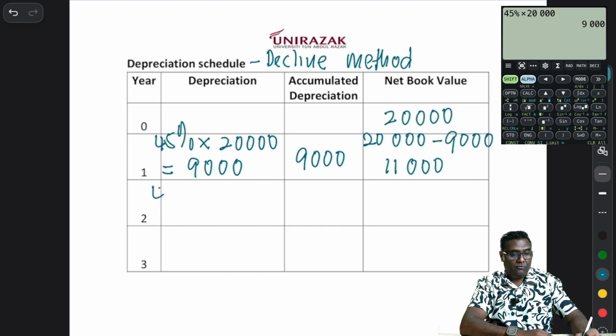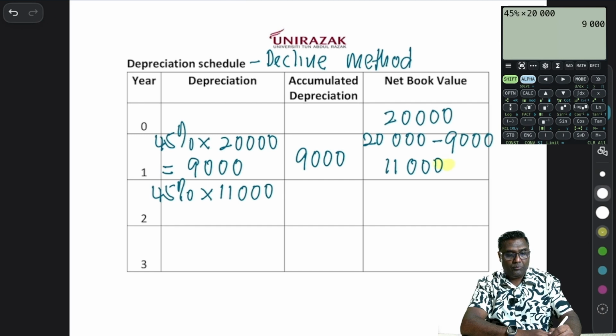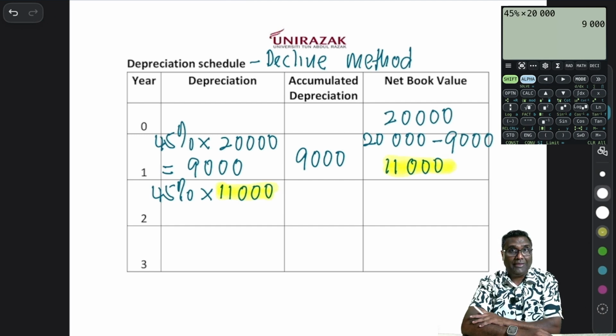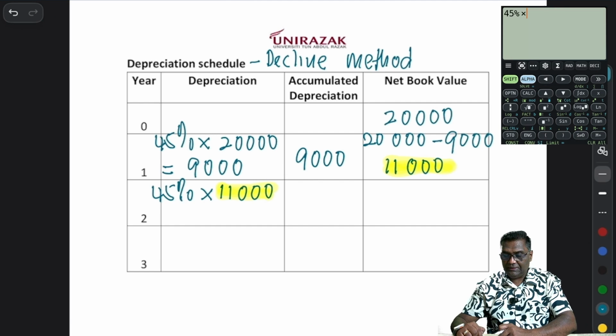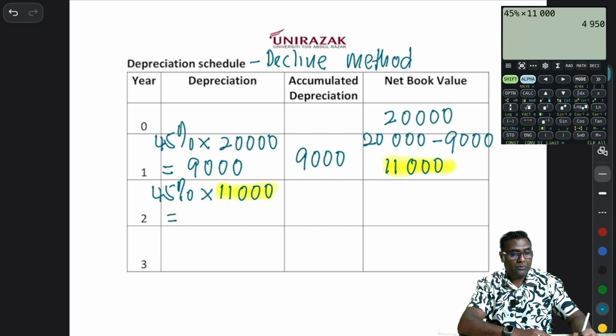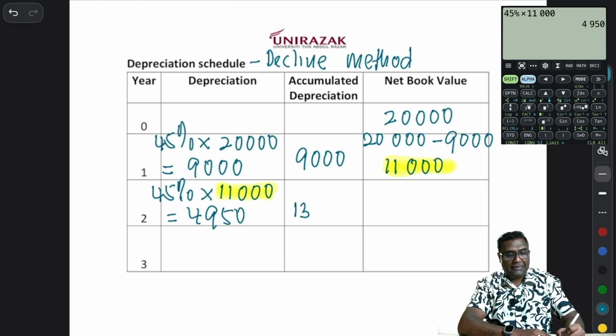Following year, 45% of not 20,000, but 11,000. That means the net book value that you have on the first year will be the cost for the following year. So when I press the calculator for this, 45% of 11,000, 4950. Total this up, 13,950.